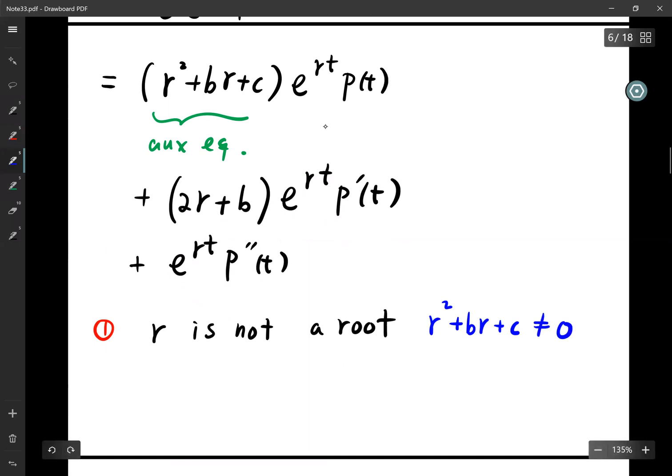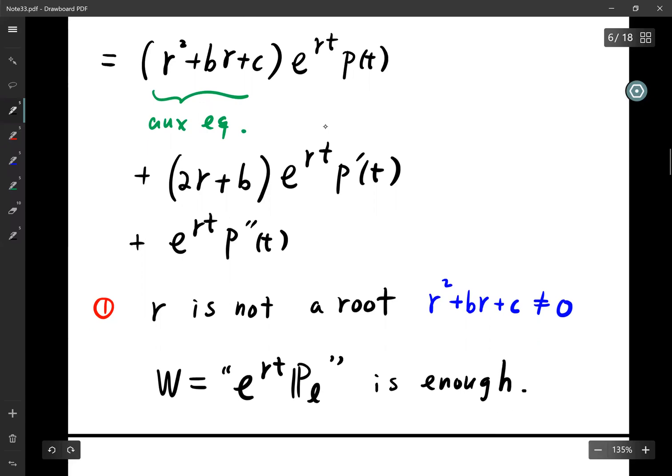If this is not 0, then this thing times p(t), p(t) is already enumerating all the possible polynomials, especially you can cover t to the L. So I just consider W equal to e^{rt} P_L is enough.